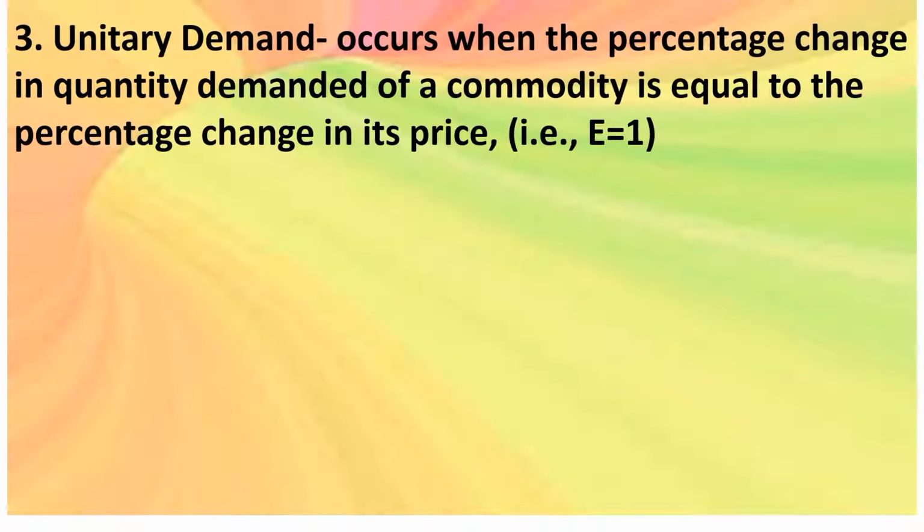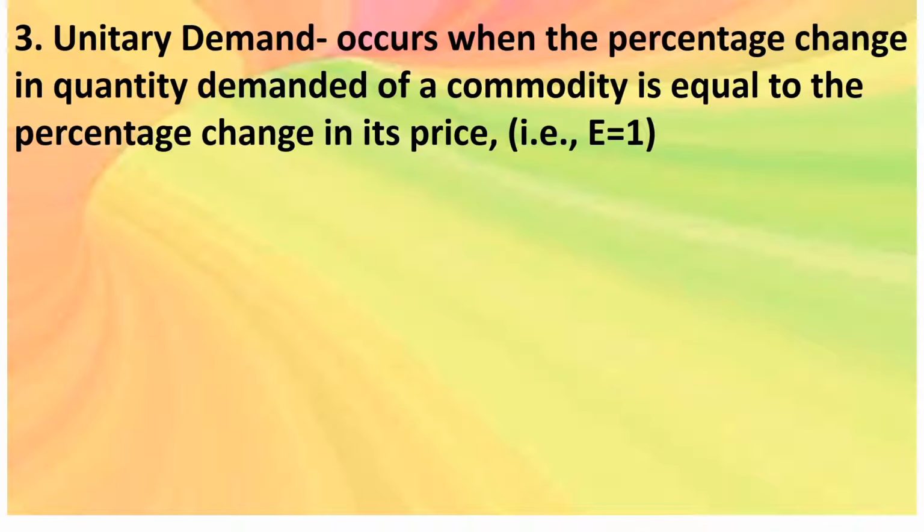Number 3 type of elasticity of demand is unitary demand. In unitary, it means that the change in price is not greater or less than the change in demand. In this case, both changes are equal.